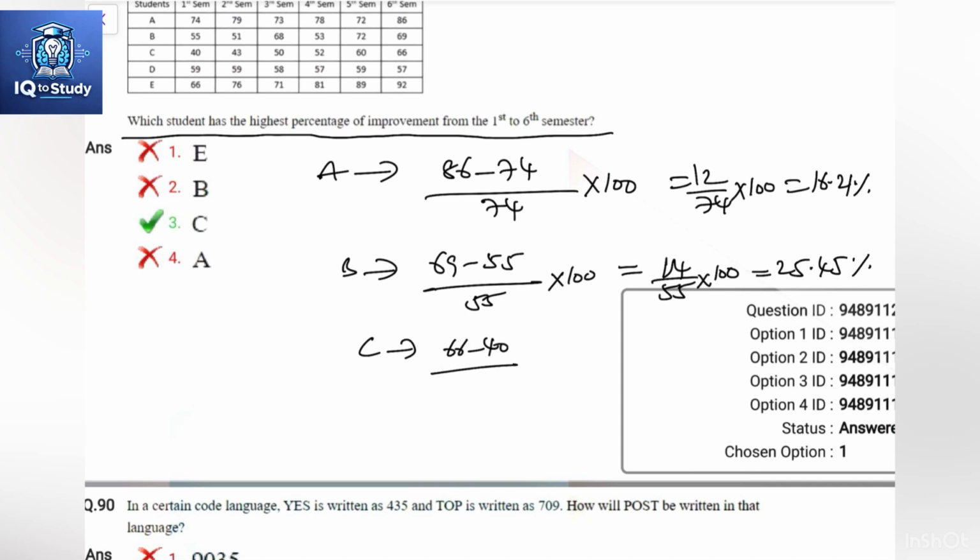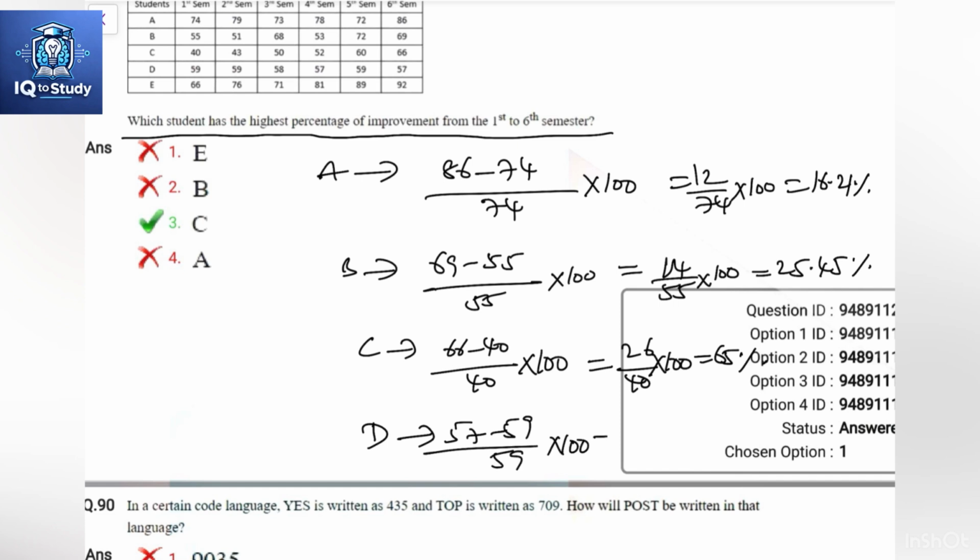Similarly, C is 66 minus 40 by 40 into 100, which is equal to 26 by 40 into 100, which is 65%. And D is 57 minus 59 by 59 into 100, which means minus 2 by 59 into 100, that is minus 3.38%.